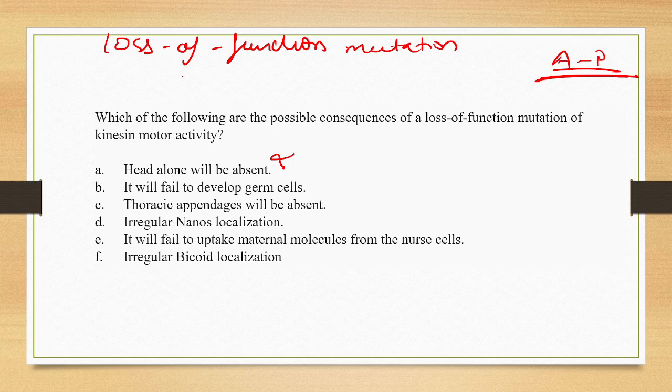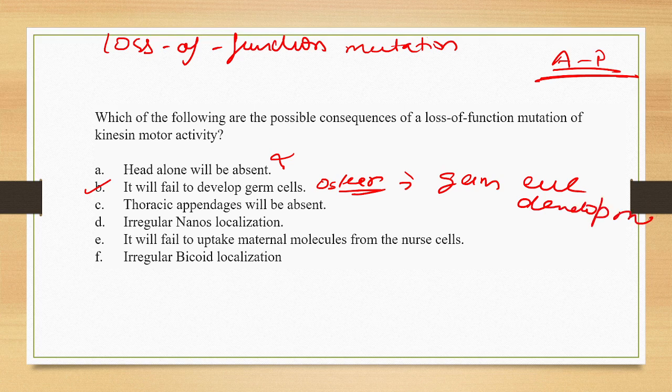So this would be a correct answer, because kinesin is responsible for the localization of Oskar, and Oskar is involved in germ cell development. Therefore, if kinesin is not there, the localization of Oskar to the posterior side would be compromised, and therefore it will fail to develop the germ cells.